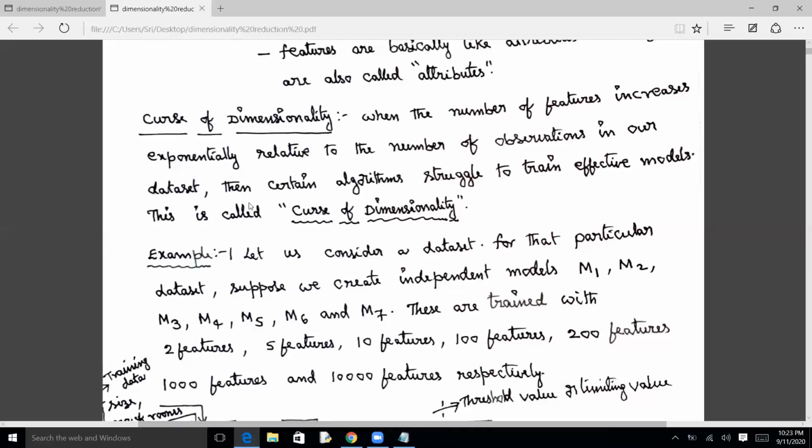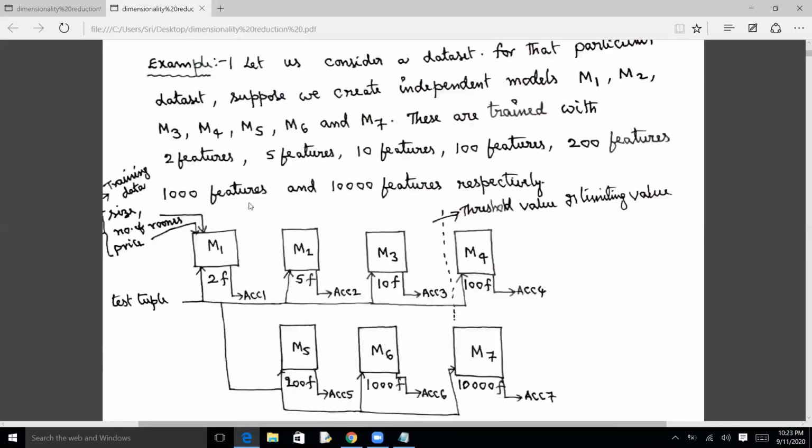To understand the curse of dimensionality, let us consider an example. Here I am taking 7 models: M1, M2, M3, M4, M5, M6 and M7. Let us consider 7 independent models.